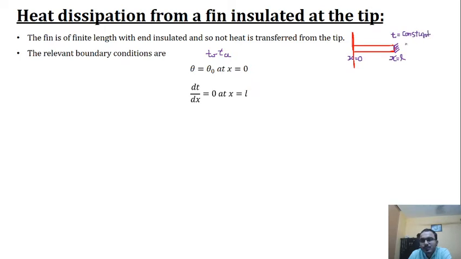Okay, that's why when the temperature is constant, we can write down dT by dx as 0. Applying these boundary conditions, we can say the first condition is this: C1 plus C2 is equal to theta 0.